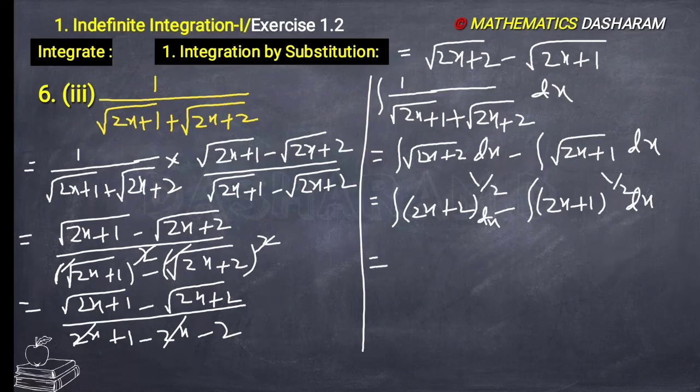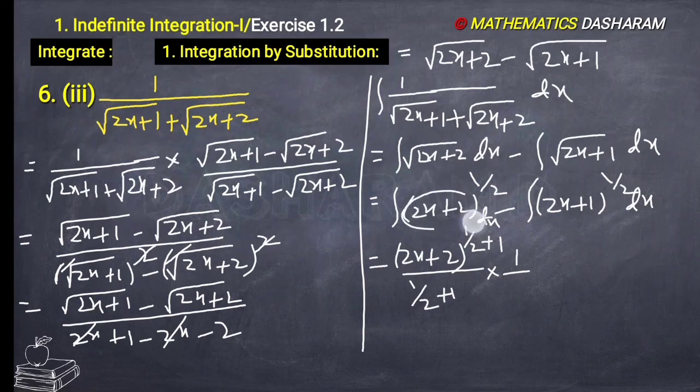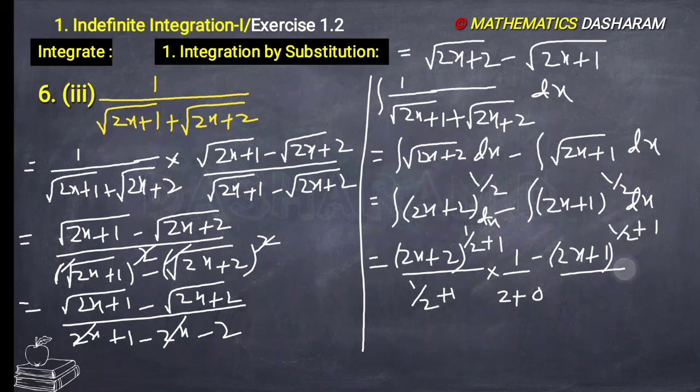Now apply the x to the power of n formula, that is x to the power of n plus 1 divided by n plus 1 and divided by the derivative of 2x plus 2, that is 2 plus 0, because the derivative of 2x is 2 and the derivative of 2 is 0, minus (2x plus 1) whole power 1 by 2 plus 1 divided by 1 by 2 plus 1 into 2 plus 0.